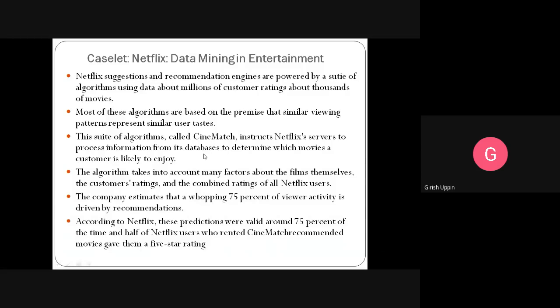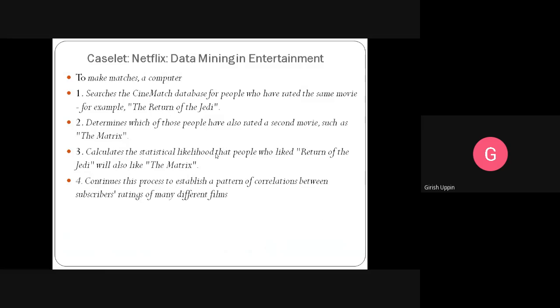One team of 7 people, after 3 years of work, developed an algorithm much more sophisticated than Cinematch, with much better recommendations, and they won the $1 million prize. So you have to come up with algorithms. There are existing algorithms, and you can also build new algorithms on top of them.